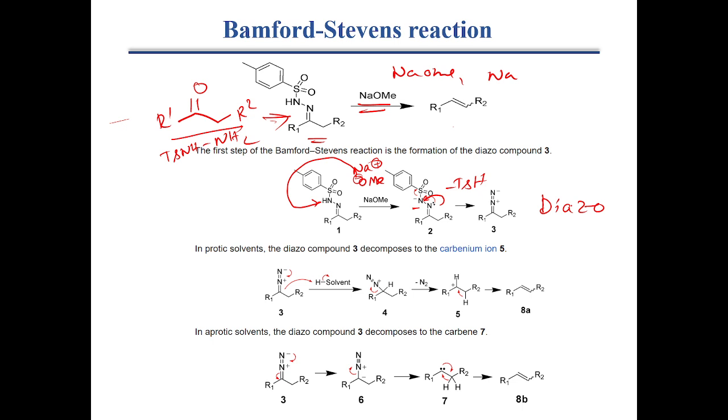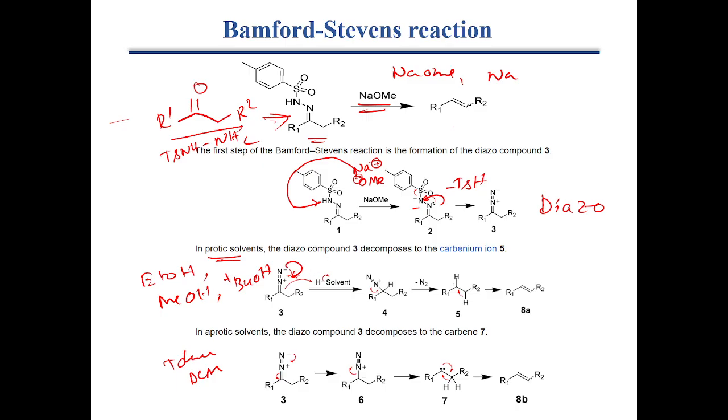So here there are two types of possibility. In presence of protic solvent such as ethanol, which can donate its hydrogen through hydrogen bonding, ethanol, methanol, butanol. These are protic solvents, and aprotic solvents are such as toluene, DCM. So now what happened in presence of protic solvent?